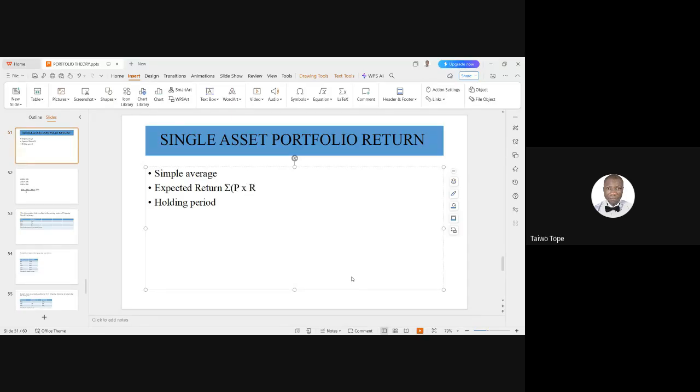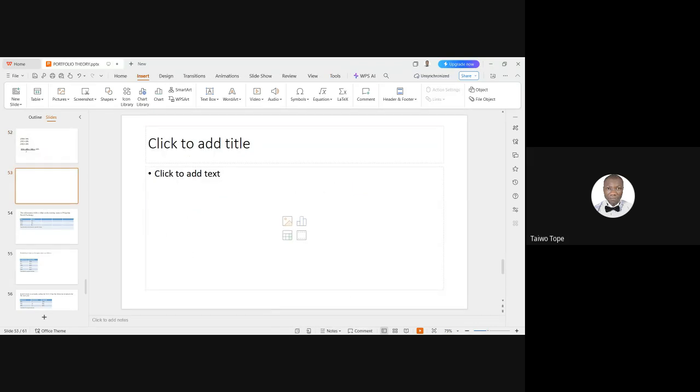Now, what is P? P is your probability. And what is your R? Your R is your return. For example, we can have a question in this form.